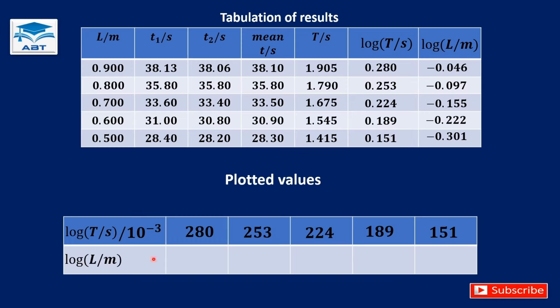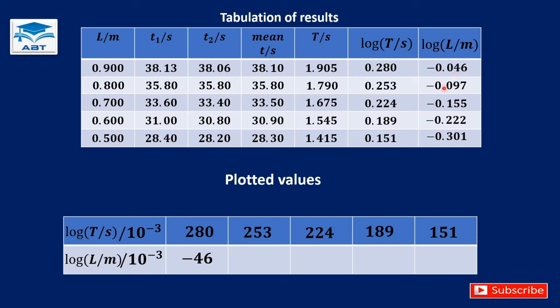For the log L axis, the first value is negative 0.046. So again, we move the decimal point 1, 2, 3, and we have negative 46, also times 10 exponent negative 3, meaning negative 46 times 10 exponent negative 3 will give us negative 0.046.